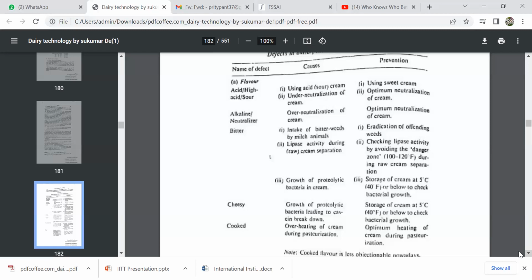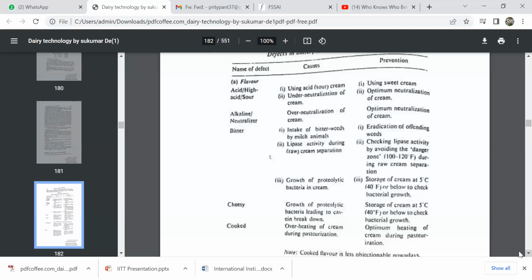Feed and weed defect is due to feeding of milk tainting feeds and weeds within 3 hours before milking. तो इस चीज को ध्यान रखने के लिए हमको feeding of milk tainting feeds and weeds soon after milking, ठीक है, eradication of milk tainting weeds या vacuum pasteurization of cream.